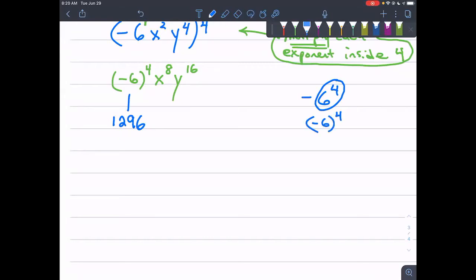So it's not doing 6 times 6 times 6 times 6, it's doing negative 6 times negative 6 times negative 6 times negative 6. You'll sometimes get a different answer, especially if it's an even exponent. If it's an odd exponent, it doesn't matter. But if it's an even exponent, you have to have parentheses around it. Otherwise, the calculator is not going to give you the right answer. So just to be safe, it's probably a good idea to always put parentheses around those negative numbers when you're raising them.